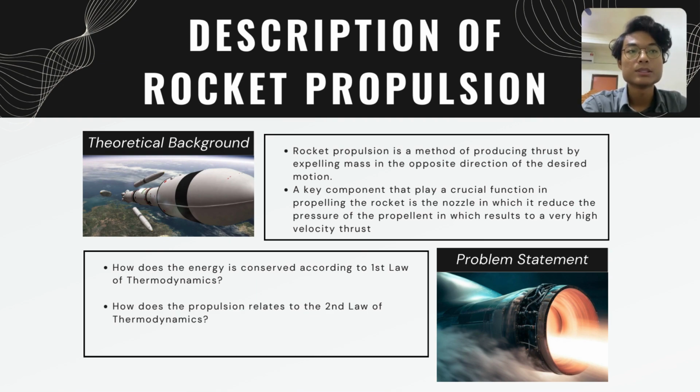In our presentation today, we will be discussing two main questions: how is energy conserved according to the first law of thermodynamics, and how does the propulsion relate to the second law of thermodynamics. We will look deeper into how this application relates to the first and second laws of thermodynamics.